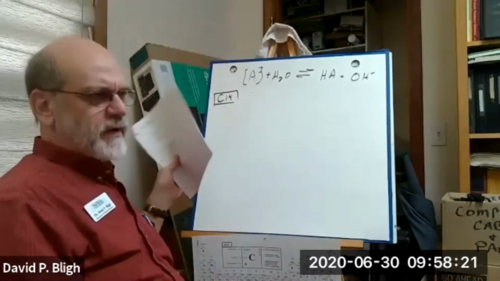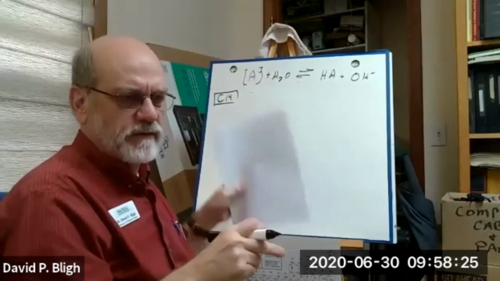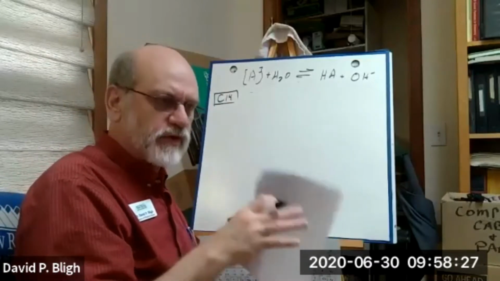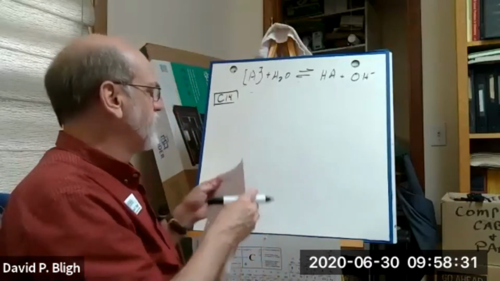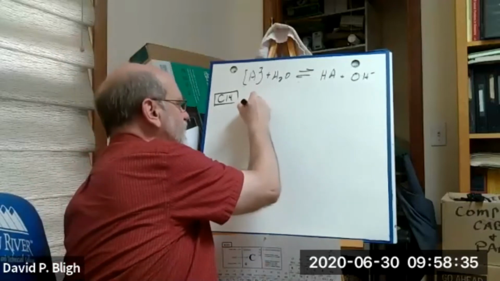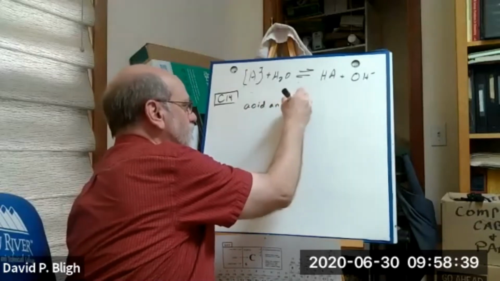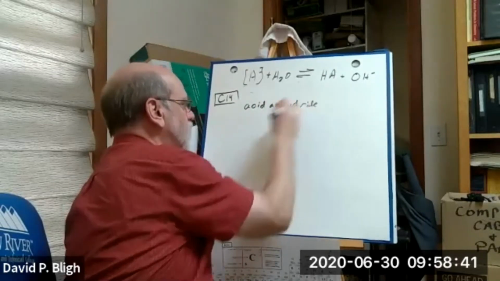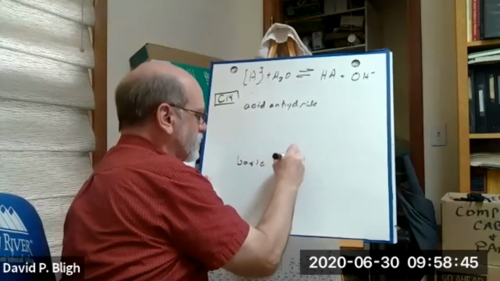Since we're on that topic and toward the end of that chapter, we had two types of compounds that produce solutions. One was the acidic anhydrides, and the other was the basic anhydrides.